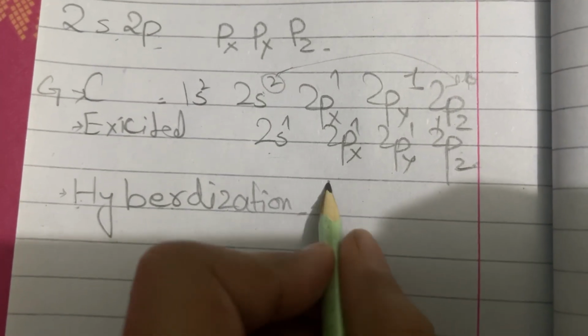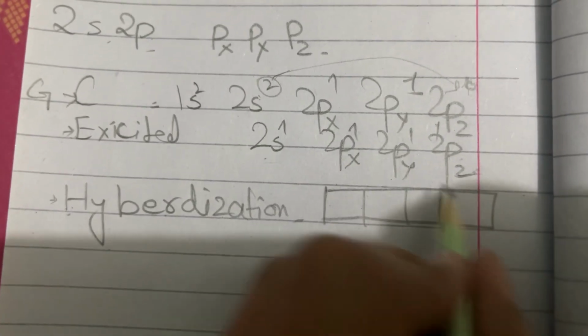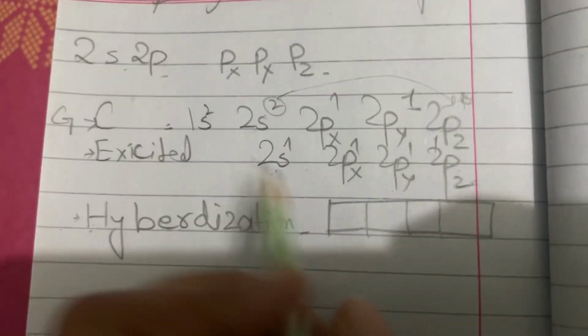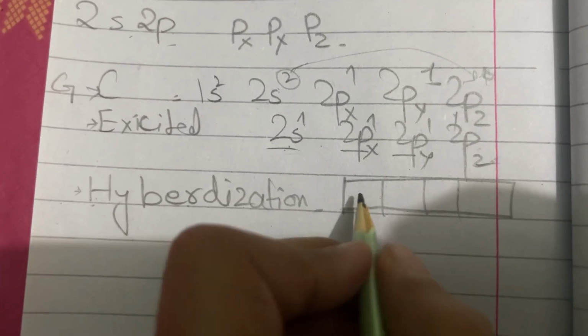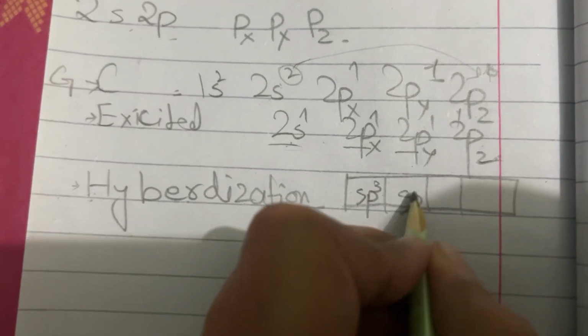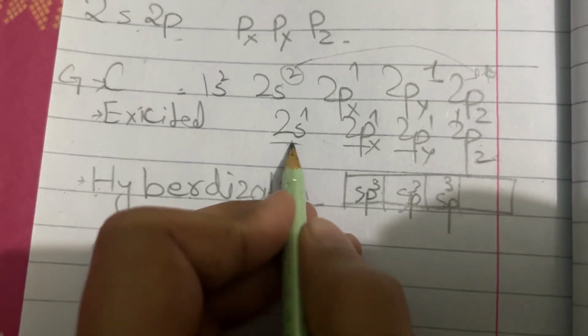How does mixing happen? These orbitals have different energy, but here, because this is sp2 hybridization, the three orbitals with different energy mix to form sp2 orbitals. Okay, 1, 2, 3.